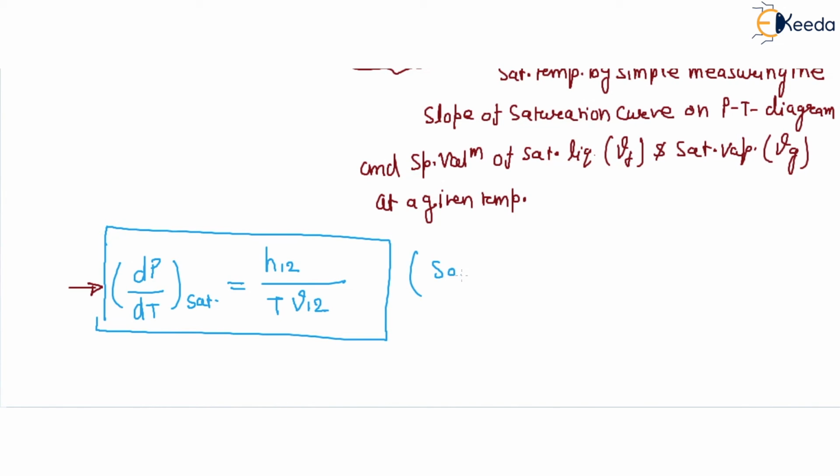What are 1 and 2? Not a point, but two phases: liquid-solid, liquid-vapor, or solid-vapor, during a phase change. Mind it, two phases. Okay, so up to this is okay. This is your Clapeyron equation.